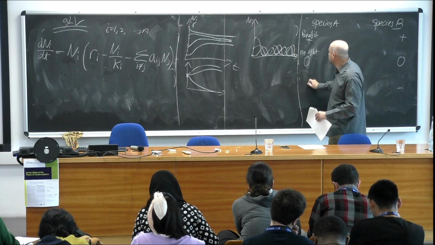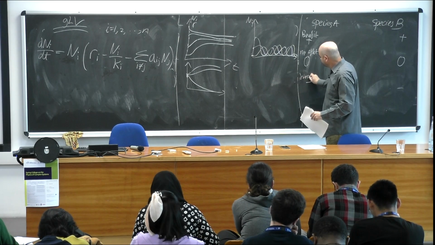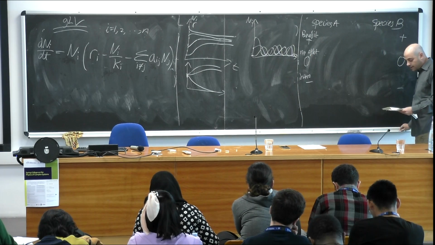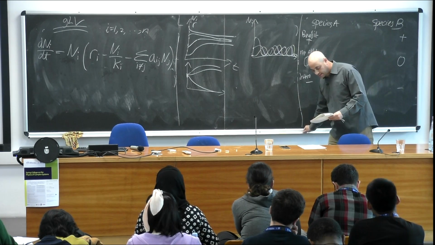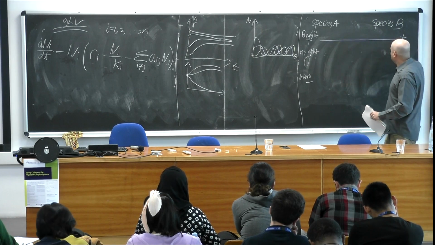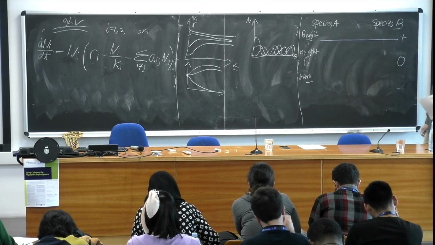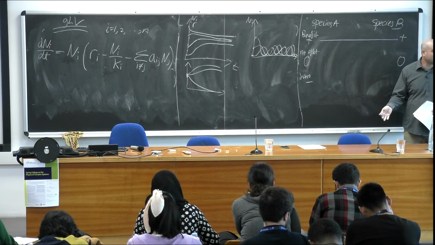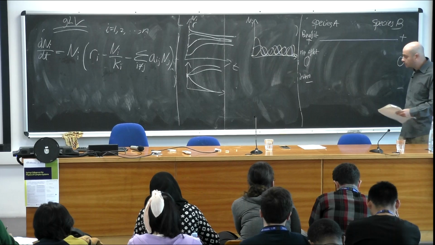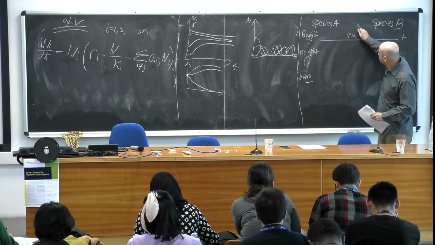And minus is harm. Okay? And now we can do all kinds of plots about this, right? If both species are plus, right, so if Aij is plus and Aji is also positive, then we call this mutualism.